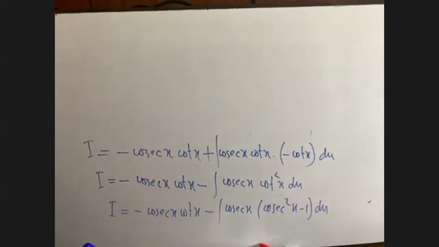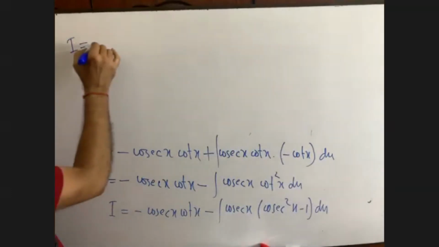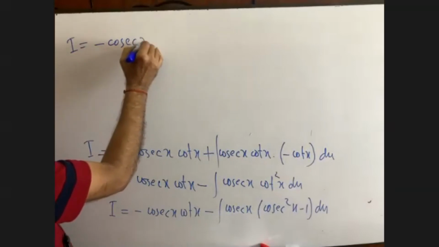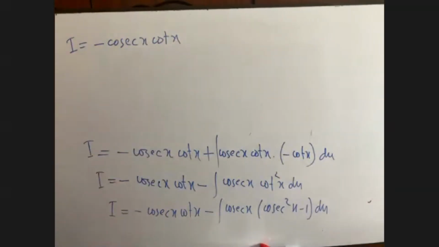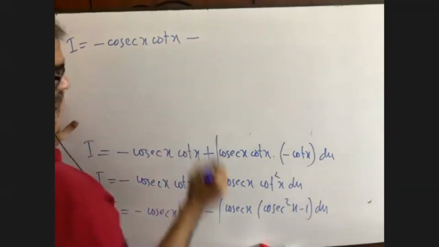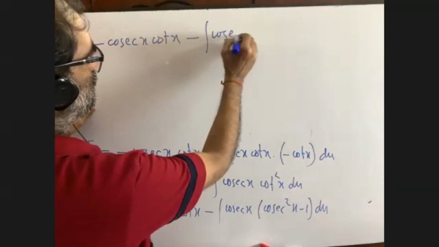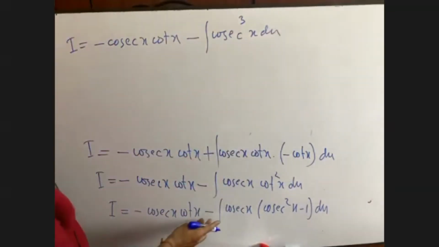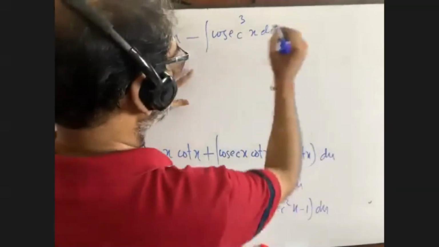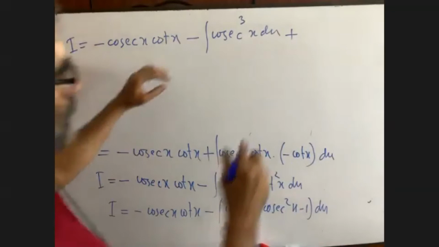Or I is equal to minus cosec x cot x. This is minus cosec x cosec square x, that is cosec cube x dx, minus minus plus. This is plus, so we are getting here cosec x.